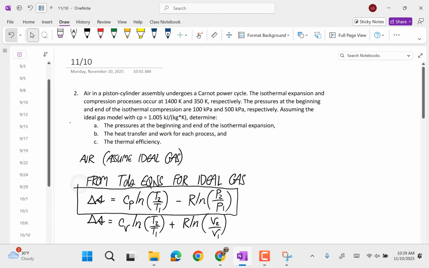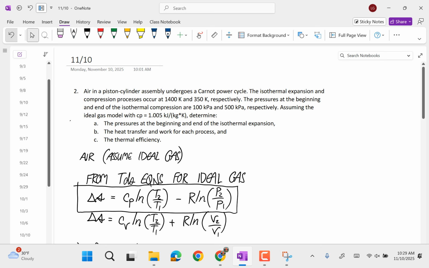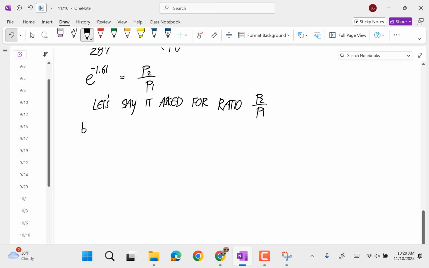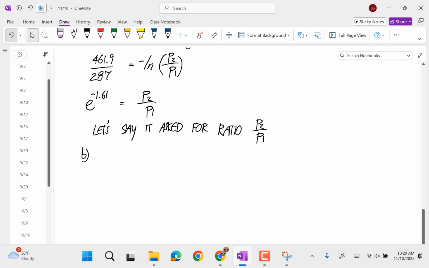Okay, and then for part B, what's the heat transfer and work? Well, we have this relationship that says CV is equal to du dt.